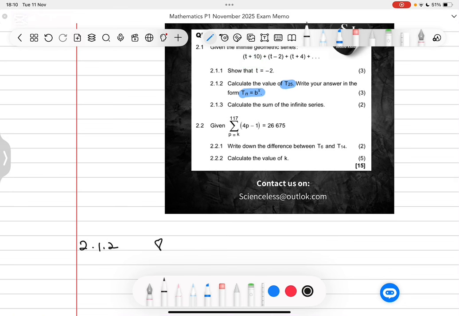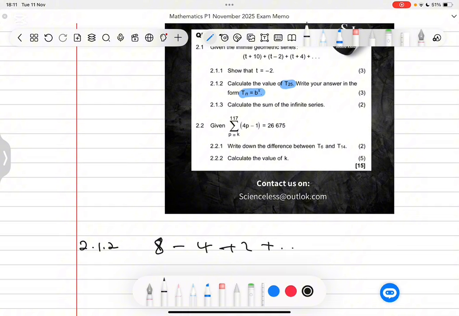That should give me an 8, so I'm going to have 8 as my first term. For the second term, negative 2 plus 6 gives me negative 4. And the last one, negative 2 plus 4, which of course gives a 2.